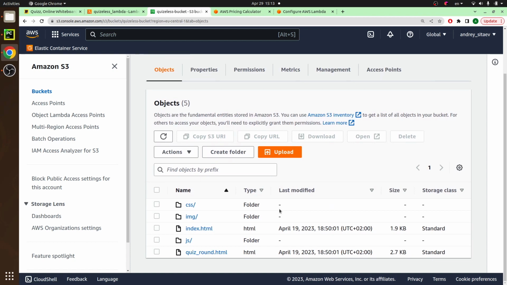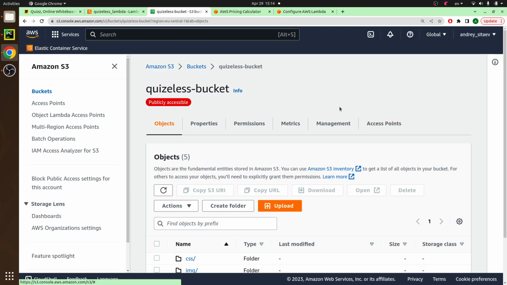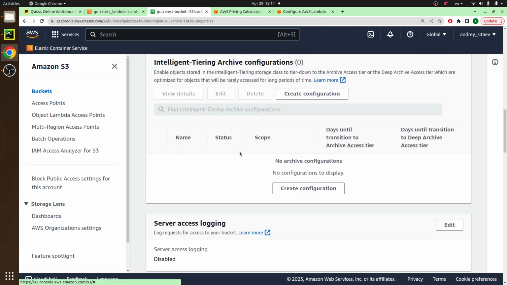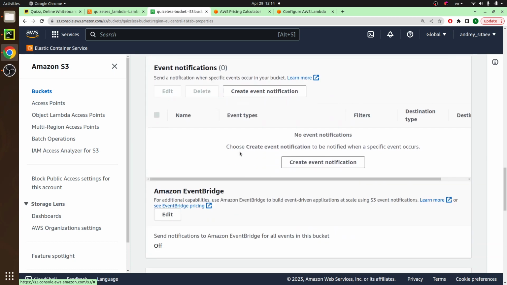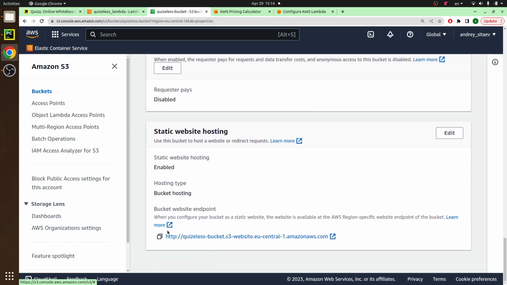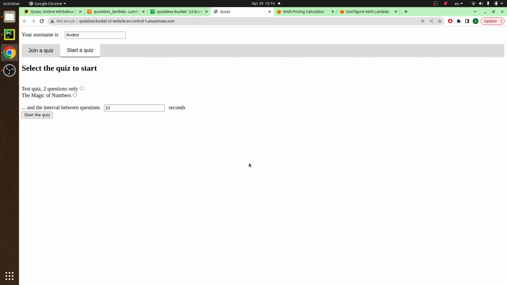So this one. It probably should be somewhere here in properties, and I'm searching for anything about the website. Yes, static website hosting. This URL would lead me directly to the website, and here it is. So now I would go and run a short quiz, but I want to pause my video here.